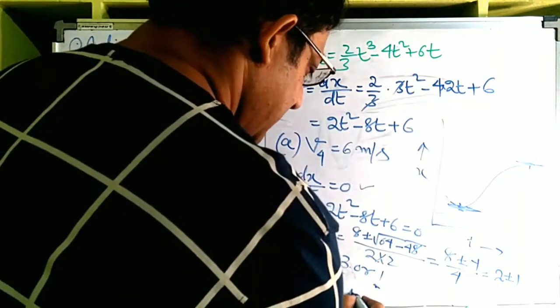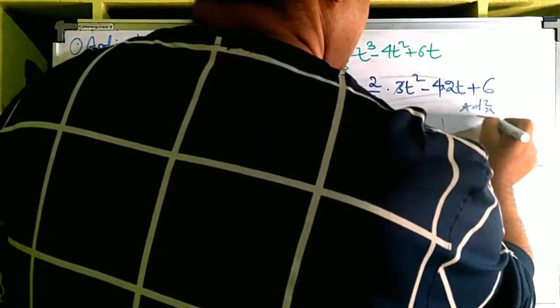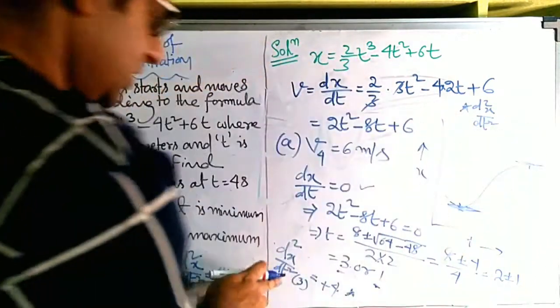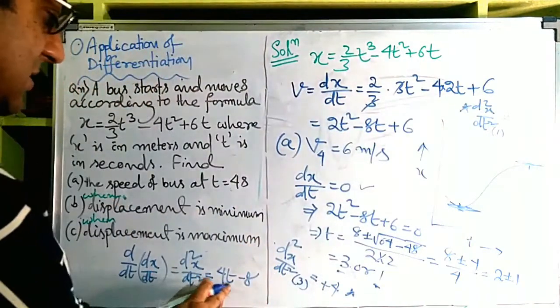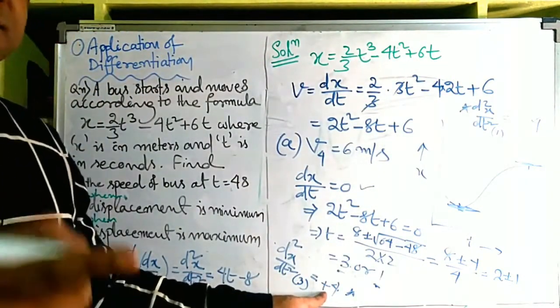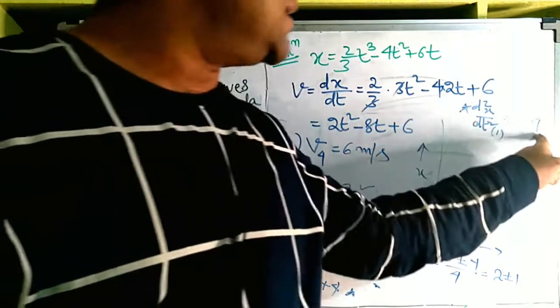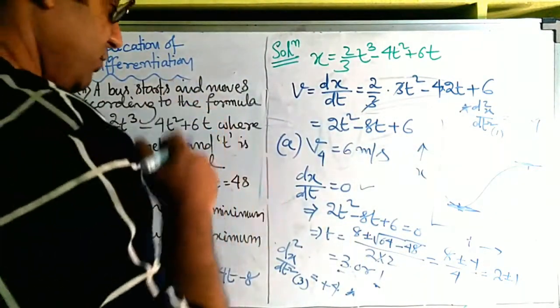Okay, from here I am writing d square x by dt square for the value of 1. How much is it coming? Put 1, minus 4 is coming, right? Now see, if it is coming plus, displacement is a minimum. If it is coming minus, displacement is a maximum.